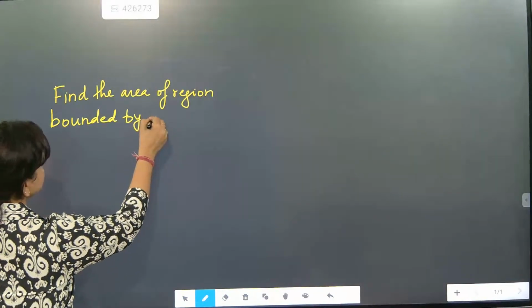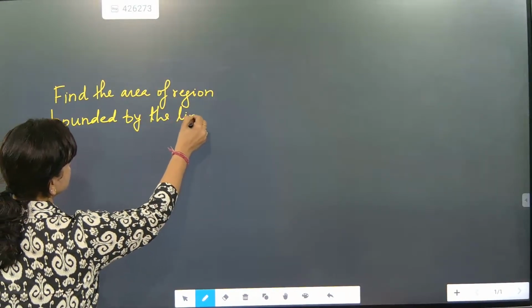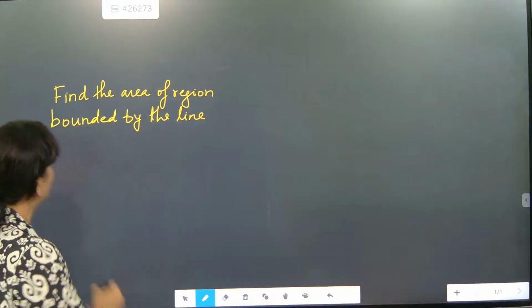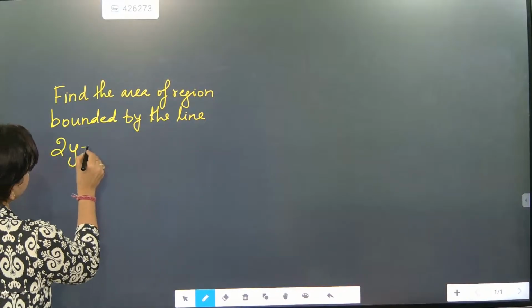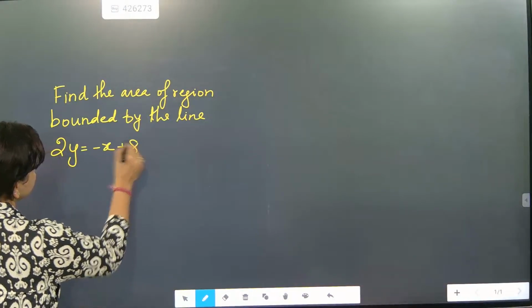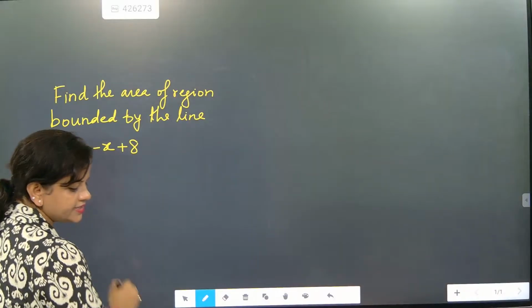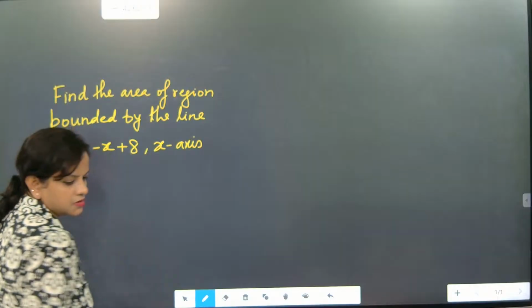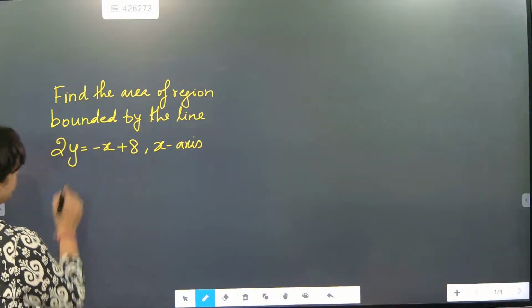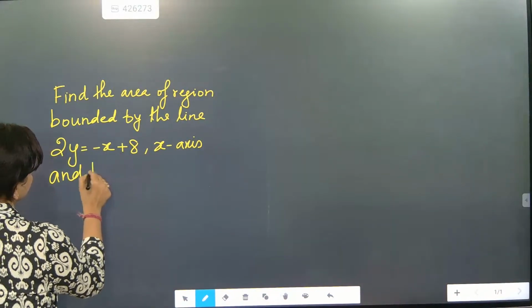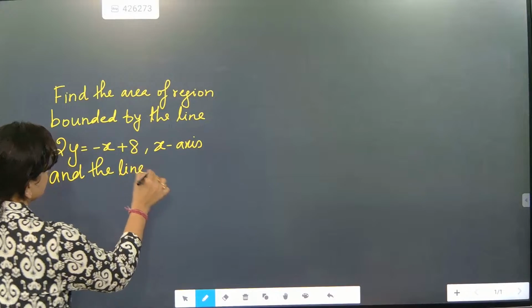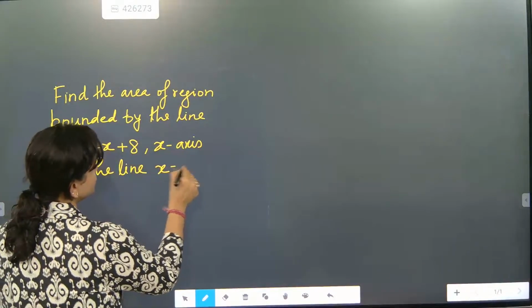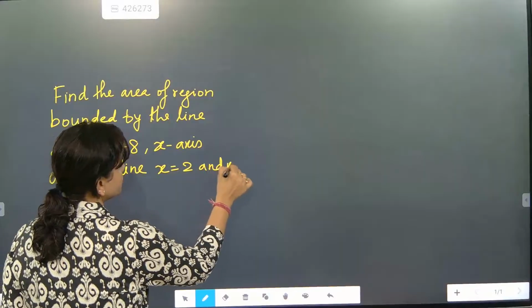Find the area of the region bounded by the line 2y is equal to minus x plus 8, the x-axis, and the lines x is equal to 2 and x is equal to 4.